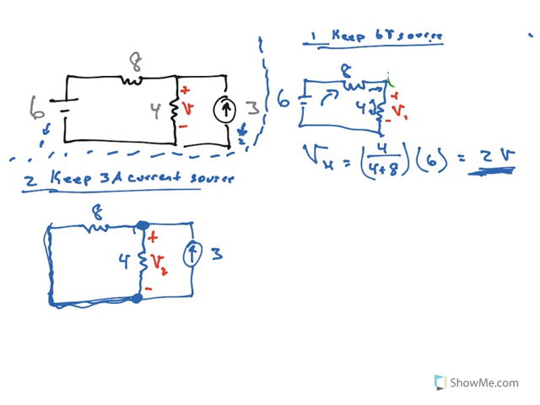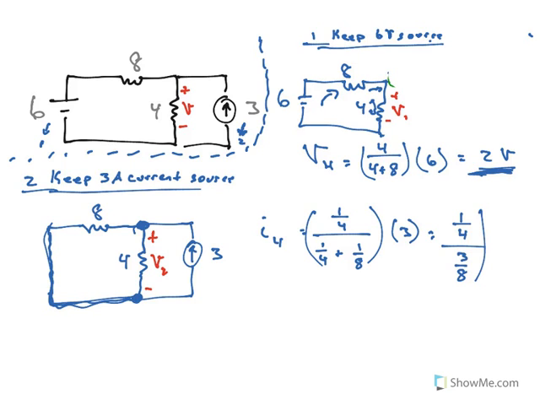Let me use the current divider, because these are parallel resistors, and I'll say the I on 4 is going to be 1 over 4 over 1 over 4 plus 1 over 8, all multiplied by the total current, which is 3. So that's 1 over 4 divided by 2 over 8 plus 1 over 8 is 3 over 8, times 3. And what does that give me?